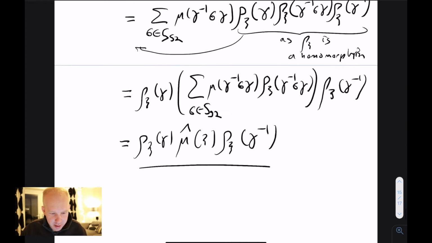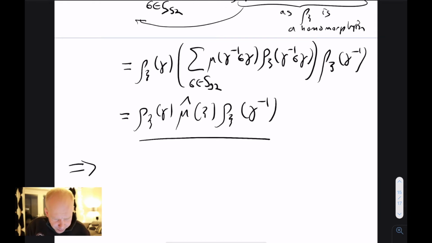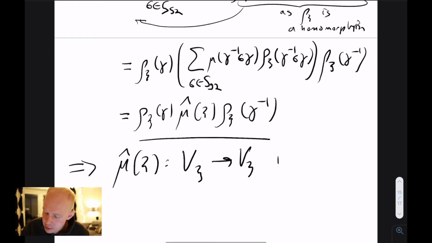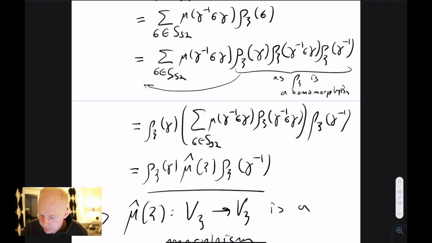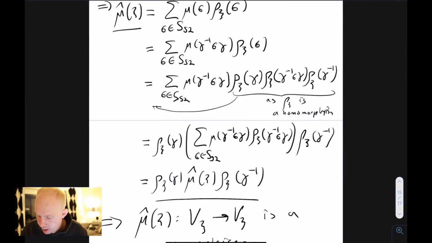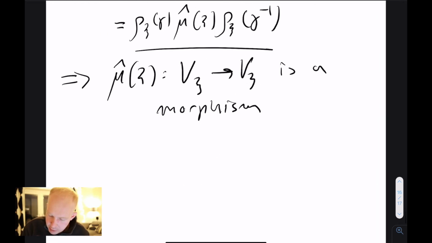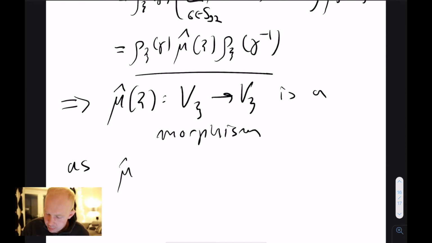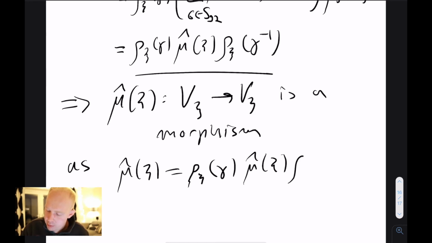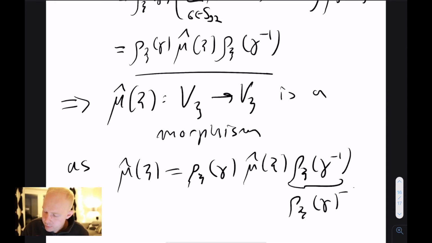And why is this important? This implies that this Fourier transform, as a mapping, remember that it's a linear map, is a morphism. This is the definition of the morphism: if you take rho psi of gamma, times the Fourier transform of mu, times rho psi of gamma inverse, this is by definition equal to the Fourier transform.